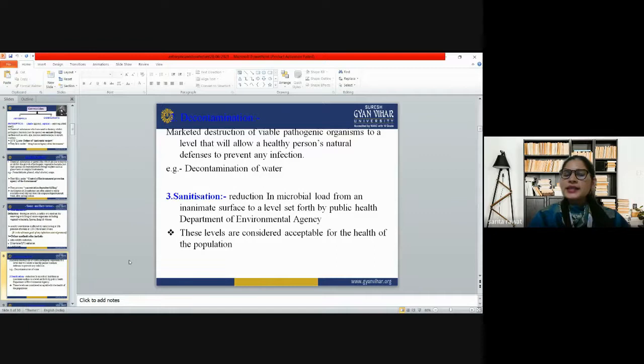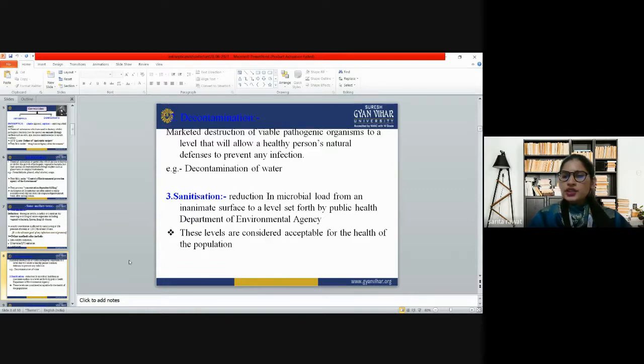Now, the second term is decontamination, which comes again and again when we talk about antiseptics and disinfectants. It is the marked destruction of viable pathogenic organisms to a level that will allow a healthy person's natural defense to prevent any infection, like decontamination of water. Then the next term is sanitization.